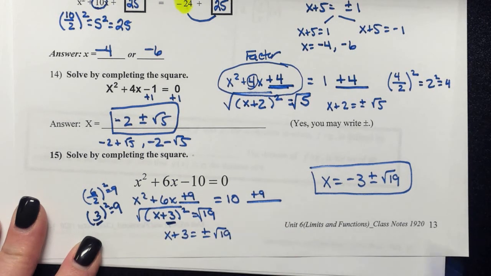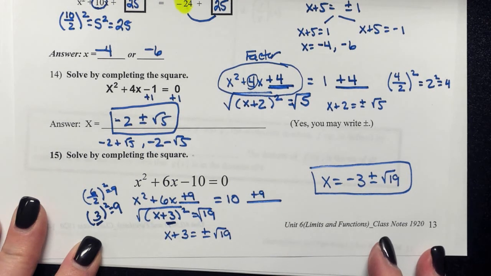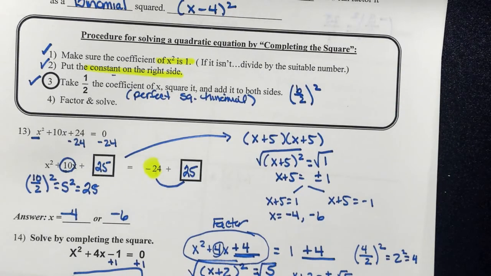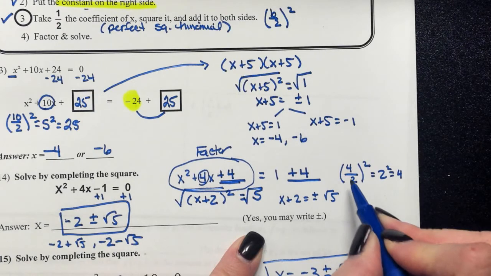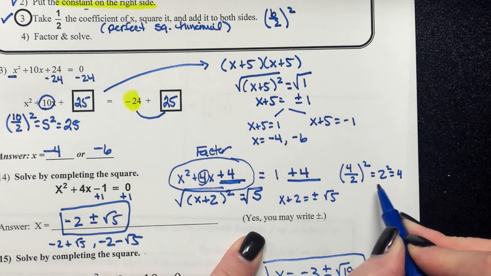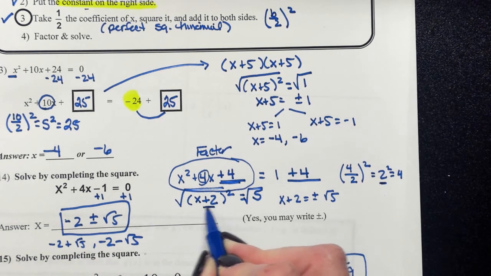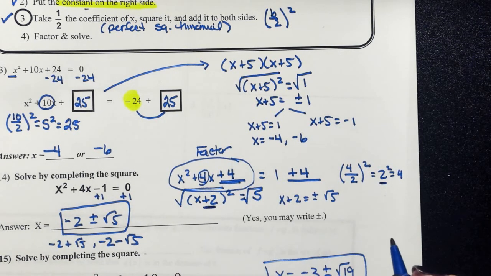Look at the number you squared. It was a 3. That's not a coincidence. Look at the example before that. You took 4 and you divided it by 2, which is 2. And then you squared it. When you factored it, what number went inside the parentheses? It was a 2. It was the number you squared.